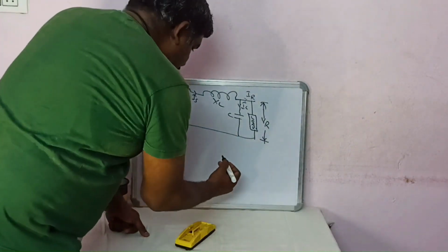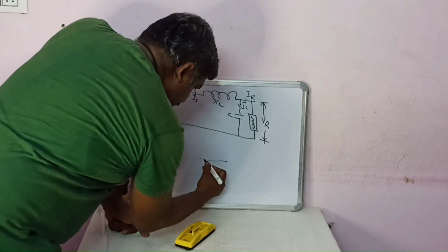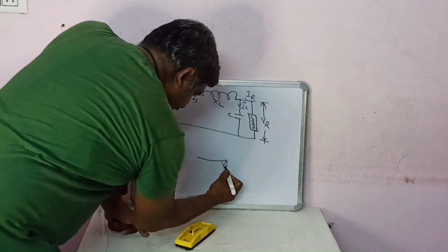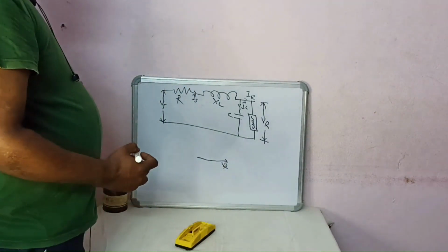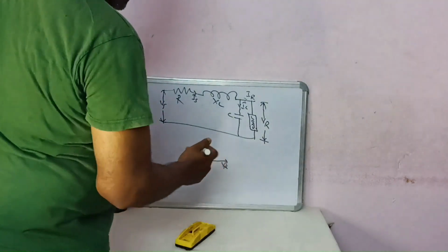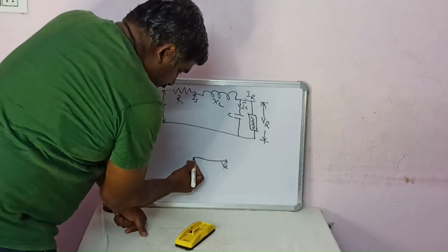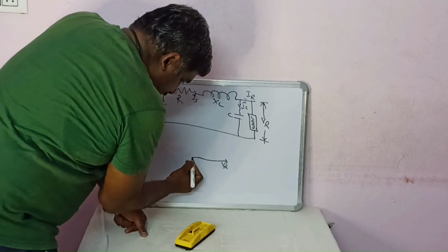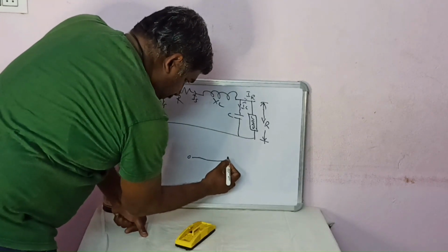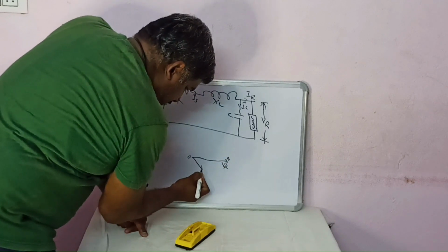And one more thing which I would like to mention here is the phasor diagram that represents the end condenser method. This is my VR that is supposed to be taken on the x-axis with an angle of 0 degrees, or it can also be represented as VR plus j0. And we can draw the IR either from this location or from this location. It is easy for us to draw IR from this location.